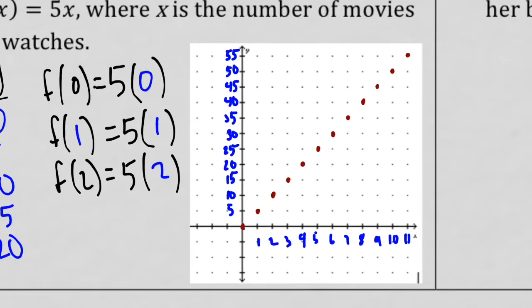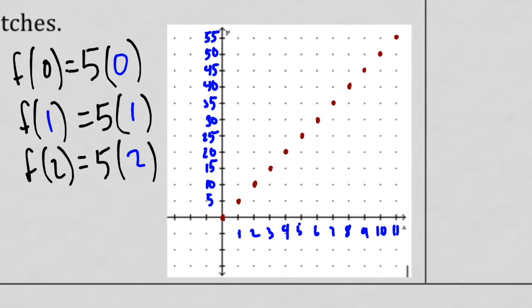Oh, first, should we leave those points like that, discrete, or should we connect them, which is continuous? Think about what these numbers represent. They represent the number of movies that he watches and how much he's going to pay per movie. This should be discrete. They've got to stay like that. Actually, let's write that down. This is discrete.